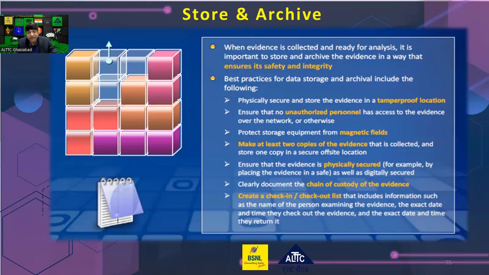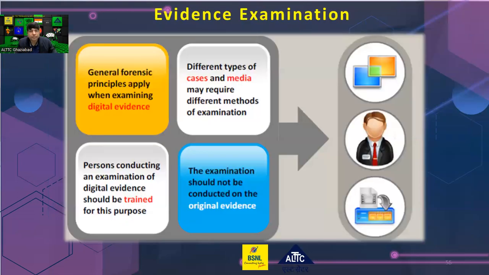Create a check-in and check-out list that includes information such as the name of the person examining the evidence, the exact date and time they check out the evidence, and the exact date and time they return it. It is very important to store it properly.